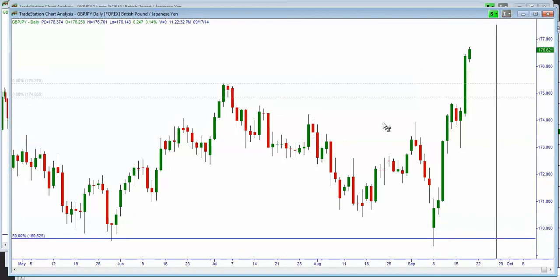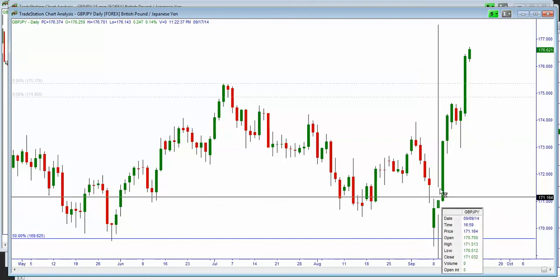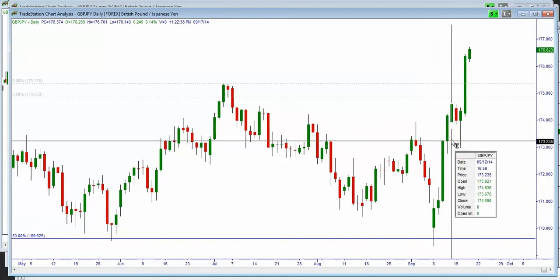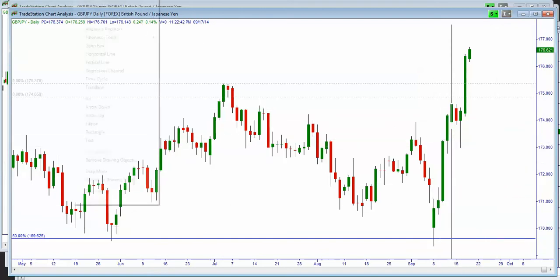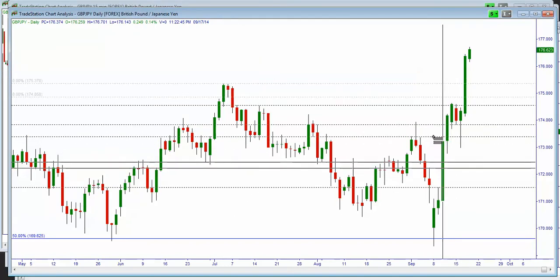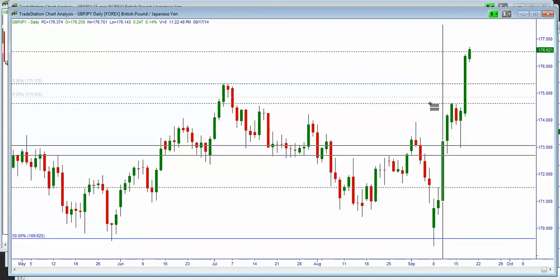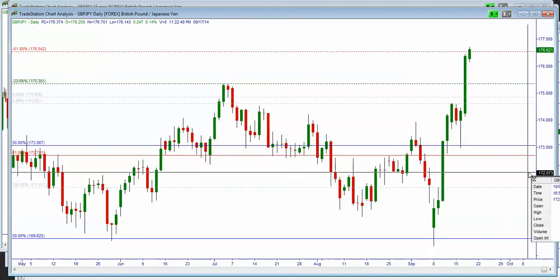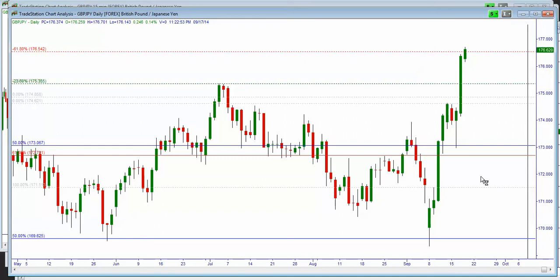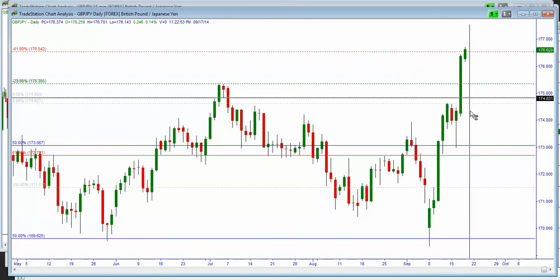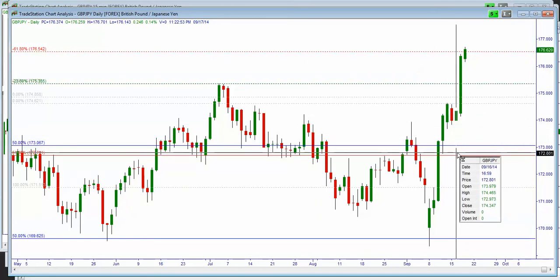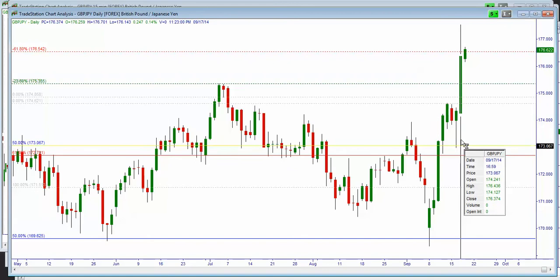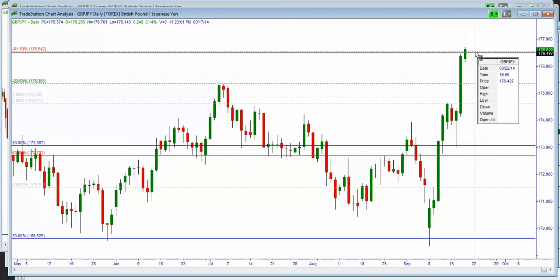So after that we saw a continuation higher, and of course after seeing these 5 green bars, with the market extending a lot, we have an indication that that is an extension. There are different ways to find these extensions, and I also explain this in my coaching program. And as you can see here, there was a reaction at this 173.07, and price went into the first and second target.